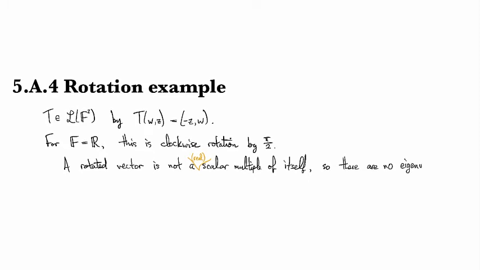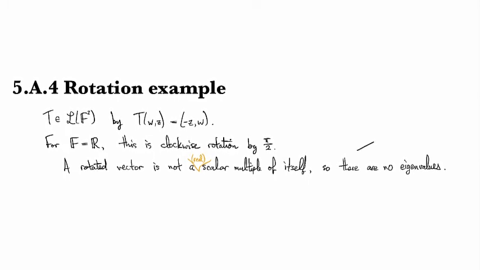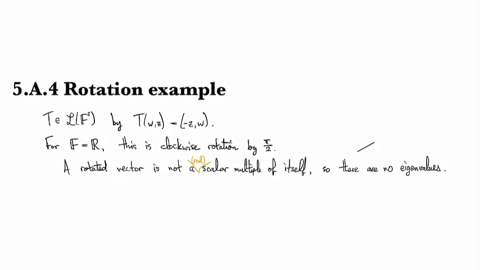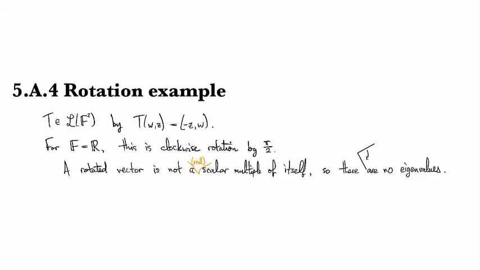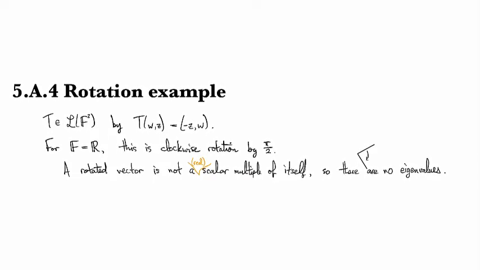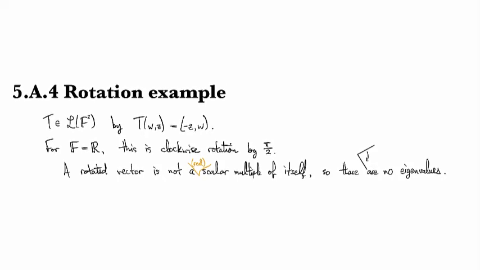So there are no eigenvalues. Right, so if we have some vector and it's rotated clockwise by 90 degrees, it's not going to end up parallel to how it started, right?